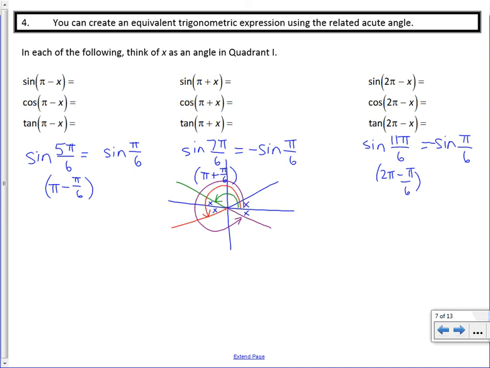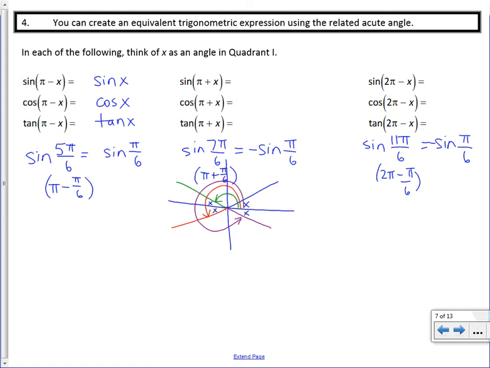If I want its corresponding angle in quadrant 4, I'm going to subtract it from 2 pi. All of these expressions we can write in terms of the acute angle x. So I'm going to write sine x, cos x, tan x, but only one of these will be positive, the other two will be negative based on the CAST rule.